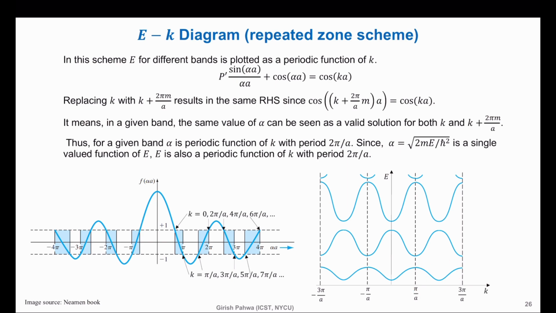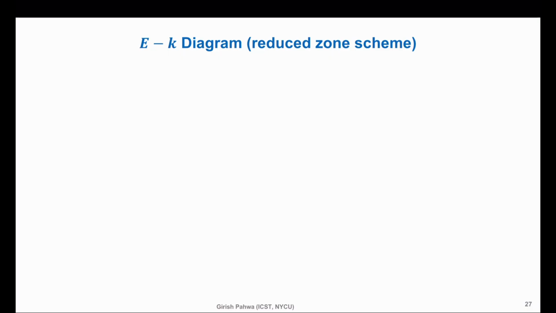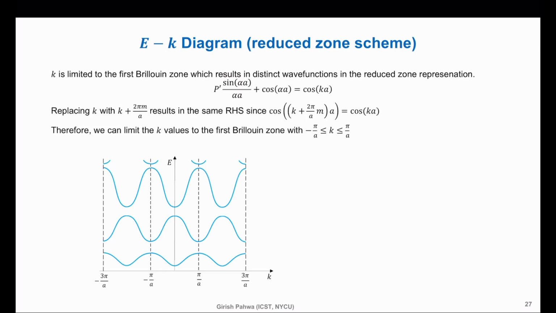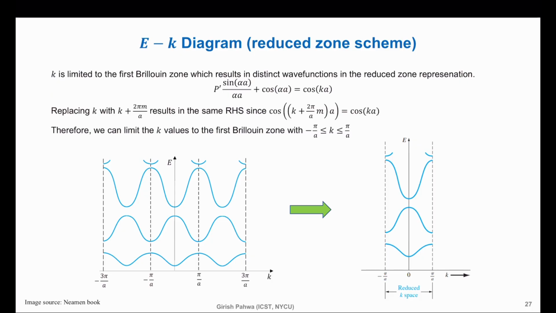So this is called the reduced zone scheme. Reduced zone scheme means I'm limiting my k values to the first well-known zone. I just cut it here, and I know that this is just going to repeat. So why plot it? This is enough.